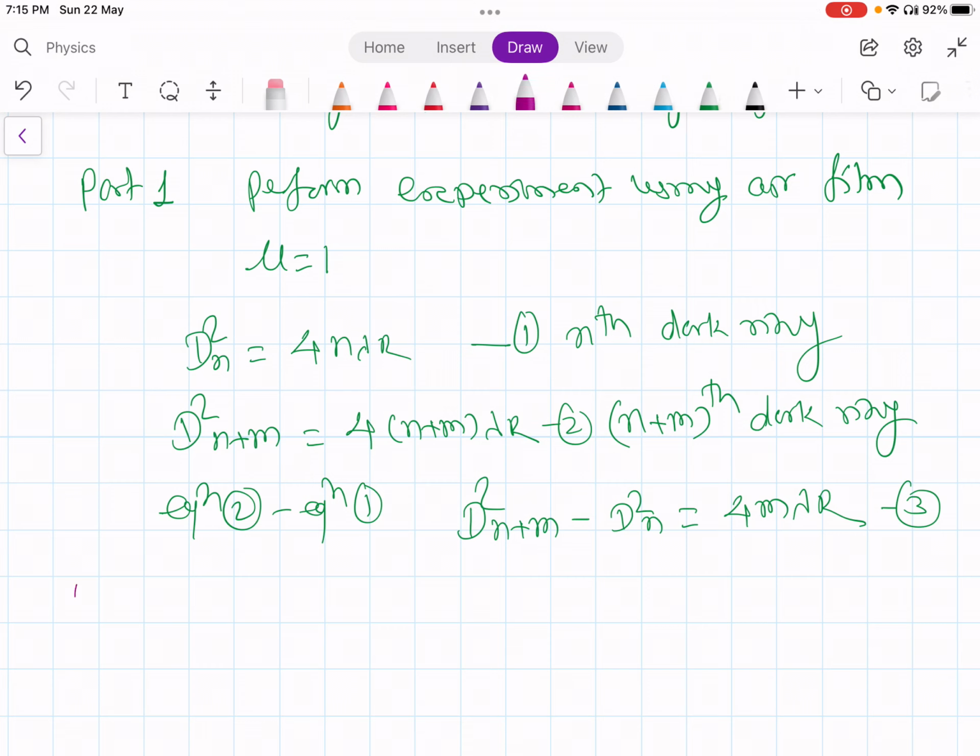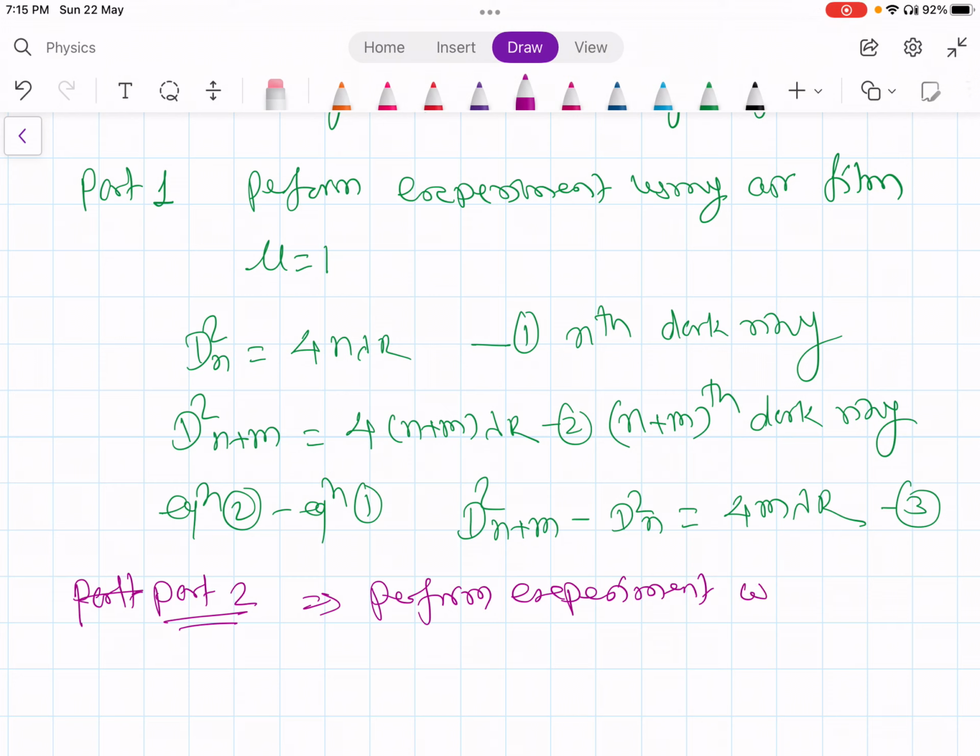Then in part 2, perform the experiment using a liquid film of refractive index, say mu, and we have to find this mu. So we have to replace the air film.